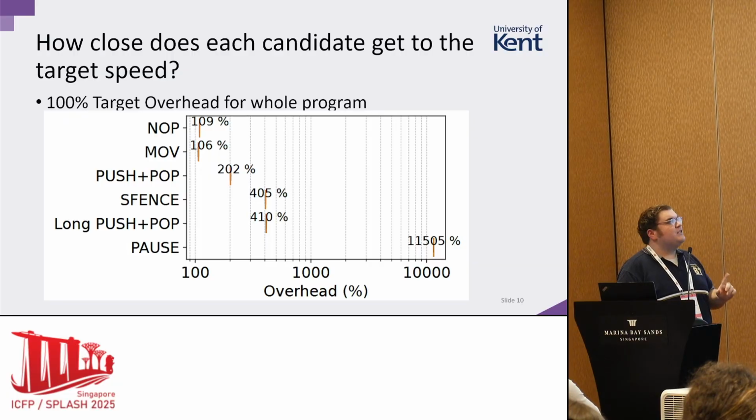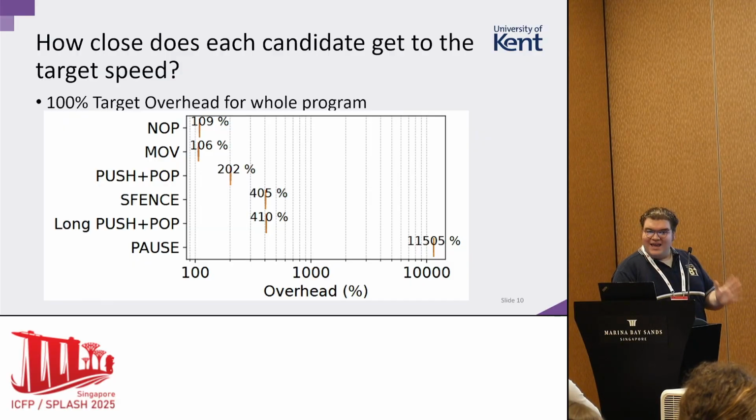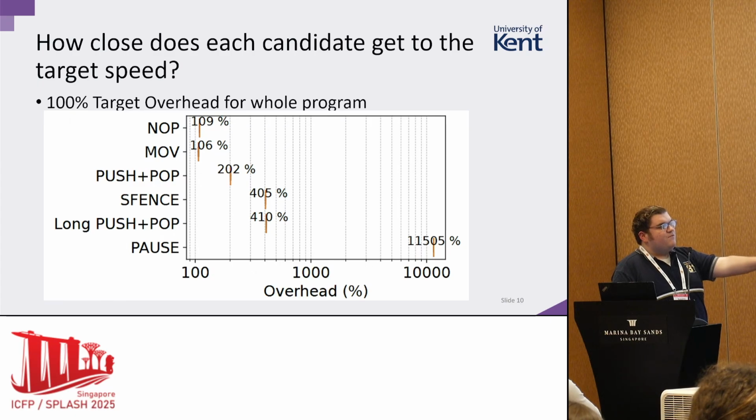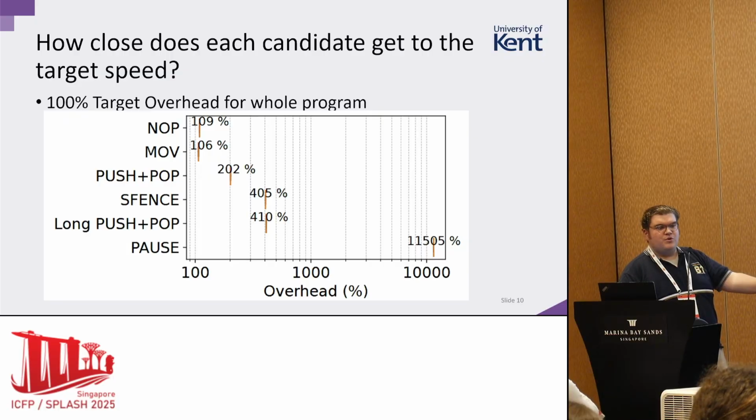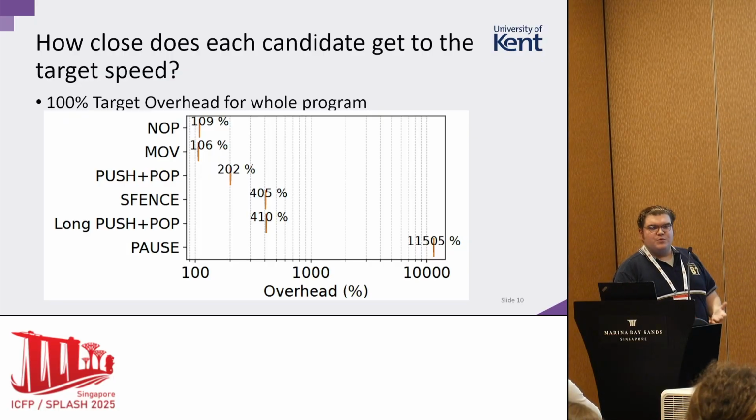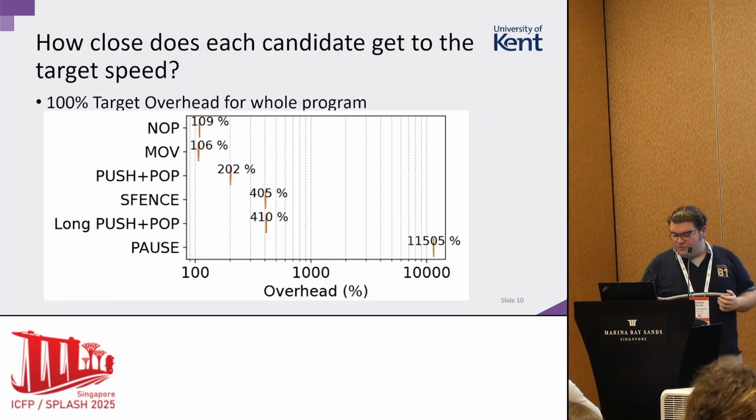Adding just one to a basic block already makes the block slower. So if you wanted to achieve a target slowdown of 100% or less, then these instructions are probably not suitable. PAUSE, very much far off. 11,000% overhead was added to the program by just adding one PAUSE to each basic block. It's clearly not very suitable for any use case that we would have for these benchmarks.